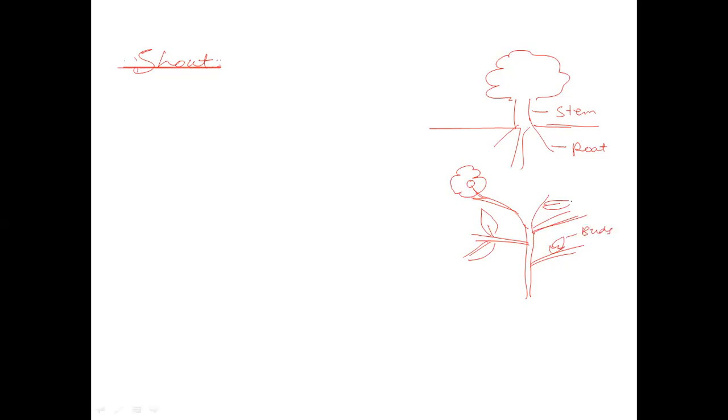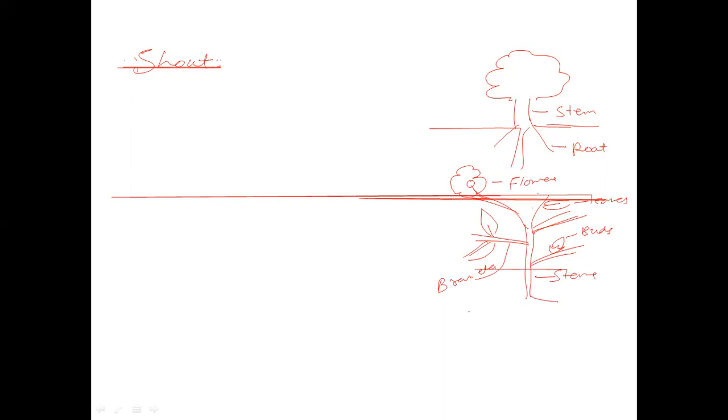Buds. Leaves, flowers, and these stems are what? Branches and the stem. These are the parts that lie above the soil. Now there's another world inside the soil also of the plant. Inside the soil, what lies? Roots basically. Basically, root lies inside the soil.